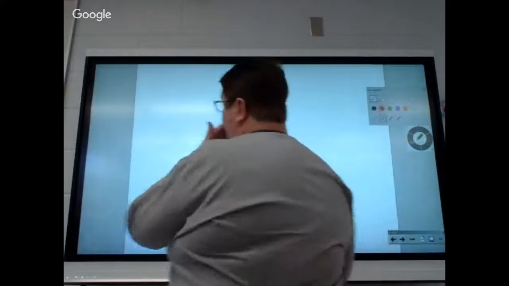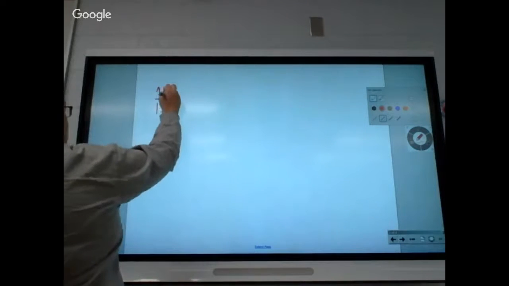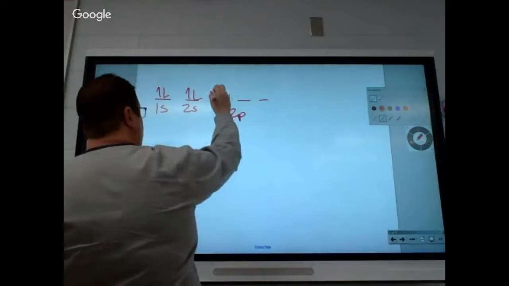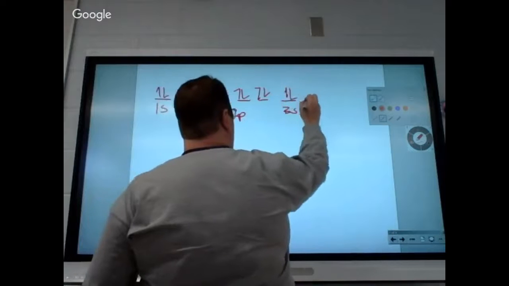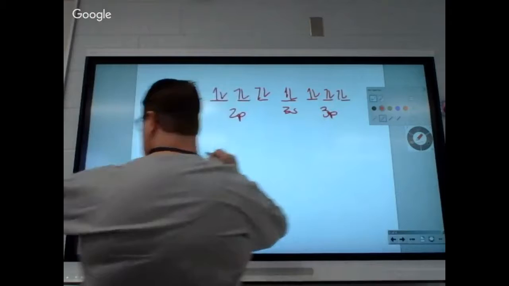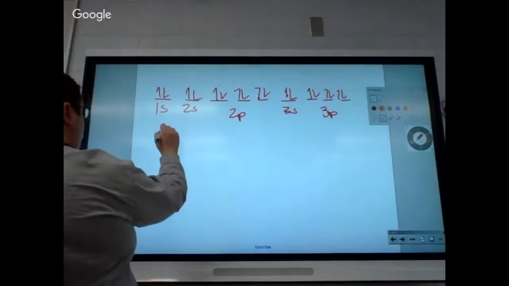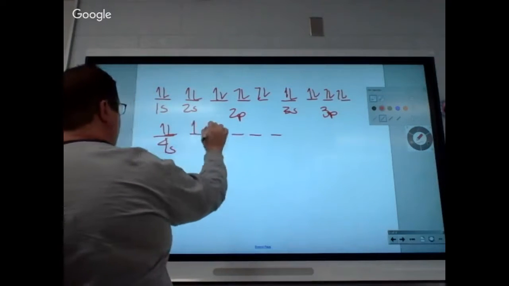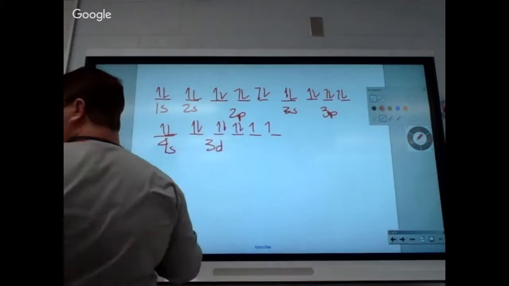All right, what did I ask for the orbital notation so I can draw them real quick? And I had what? 8?